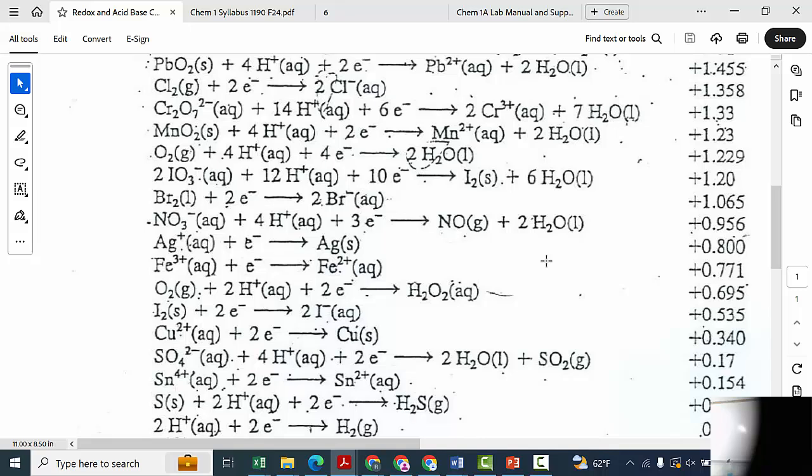It's a lot weaker than oxygen, but it is stronger than iodine. Iodine is a very common oxidizer. They use iodine solution to kill germs. There's copper 2 sulfate. Iron 3 is stronger than mineral acids. So iron 3 is a pretty decent oxidizer.